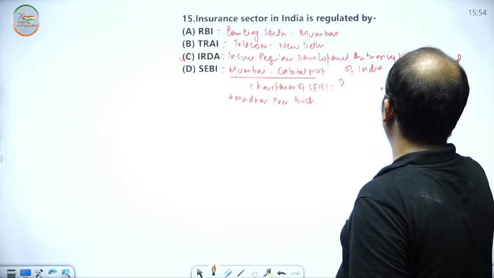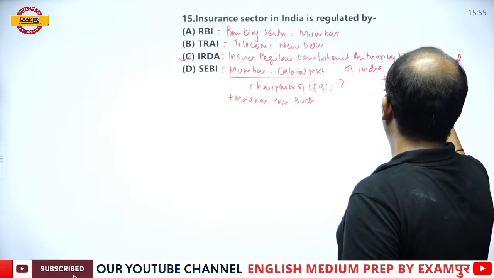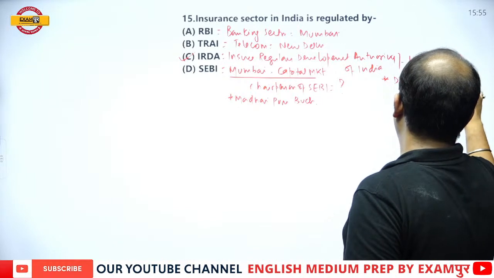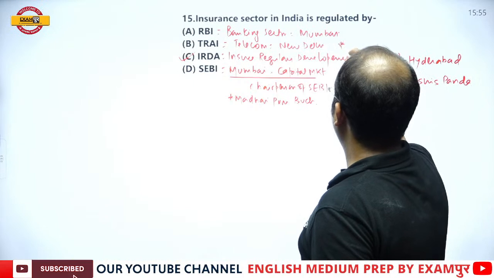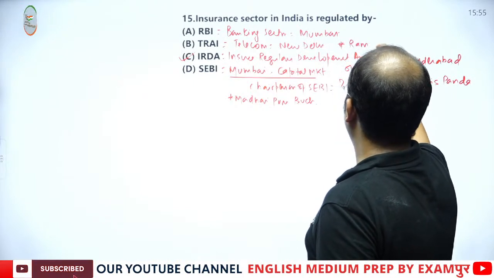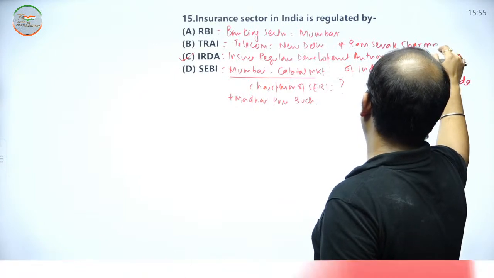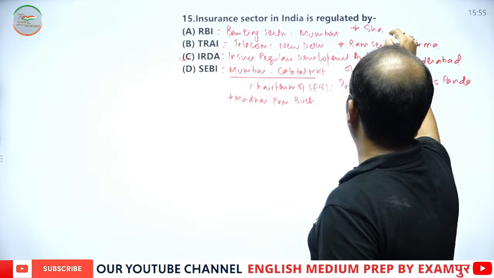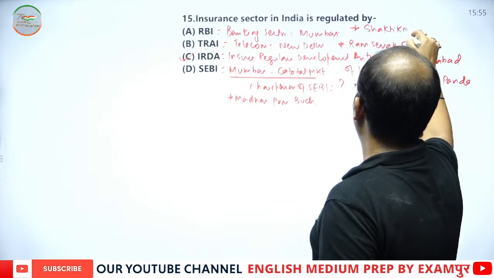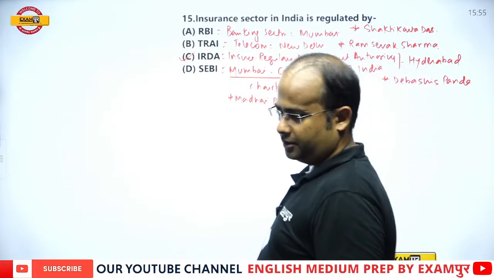Then TRAI, IRDA is Debashish Panda, an IS officer. TRAI is Ram Sevak Sharma. And for RBI, that is Shakti Kanta Das, the RBI Governor.